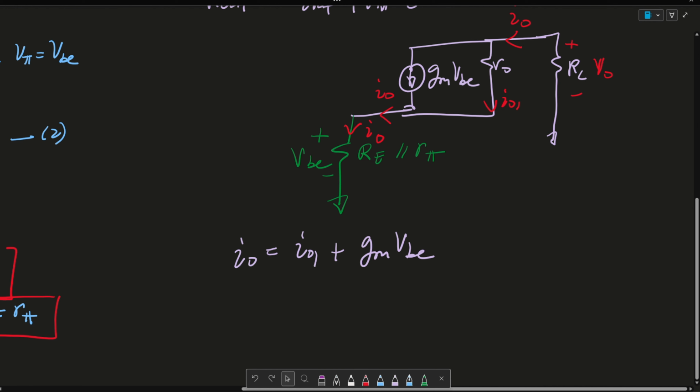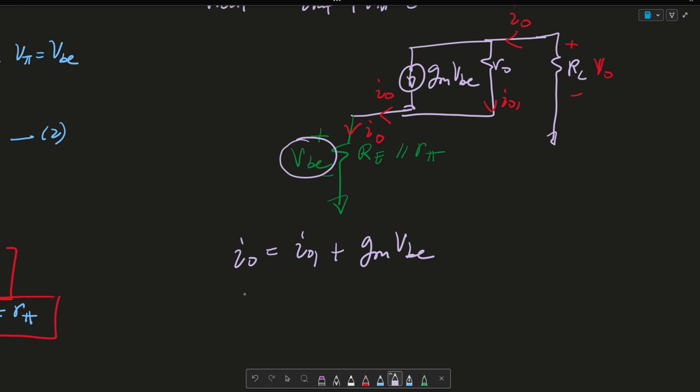The next equation we're going to write is an equation for VBE. So we're going to say that VBE is equal to RE in parallel with R pi times IO. So this is my first equation. This is my second equation.